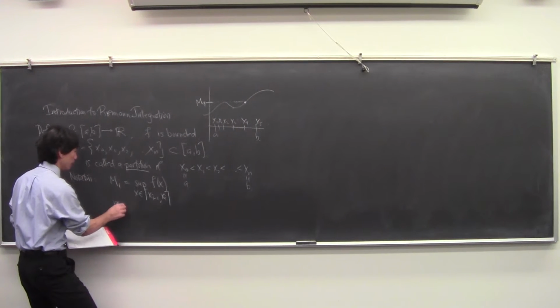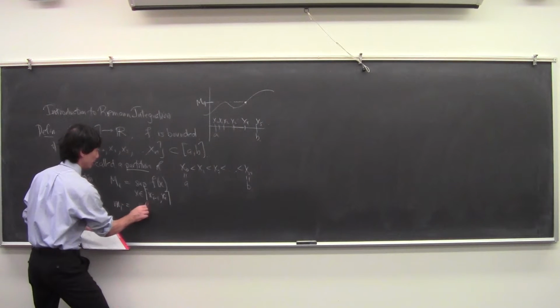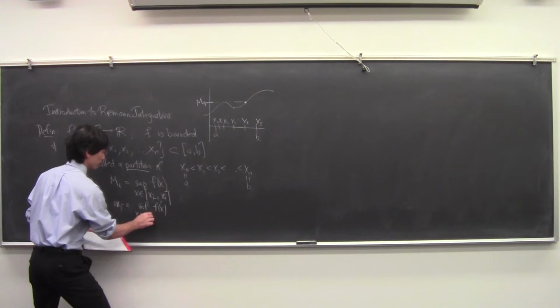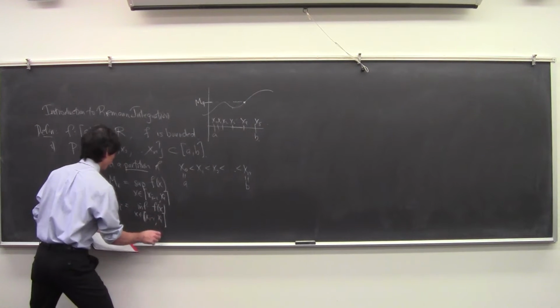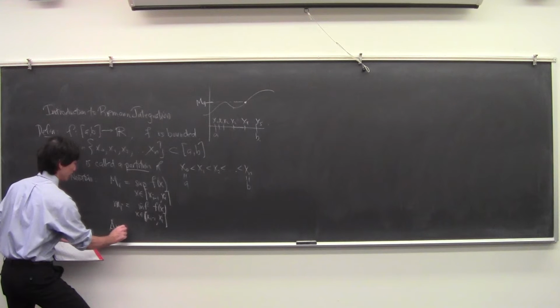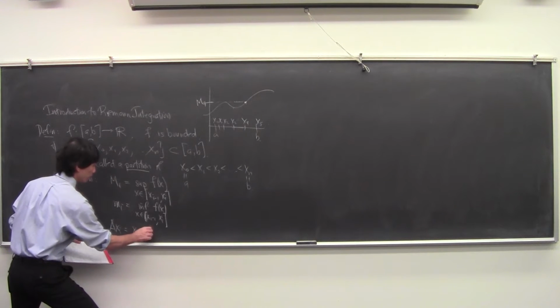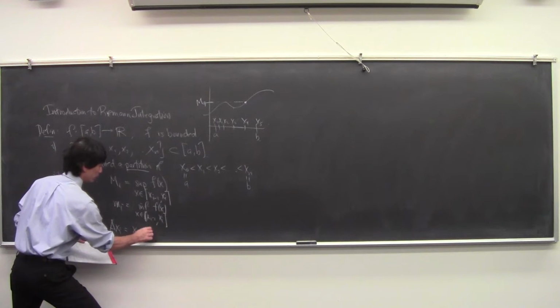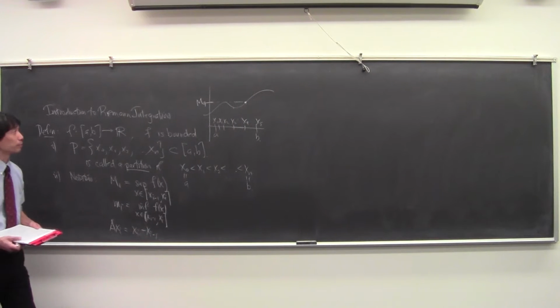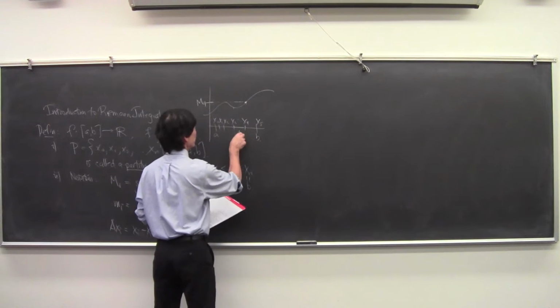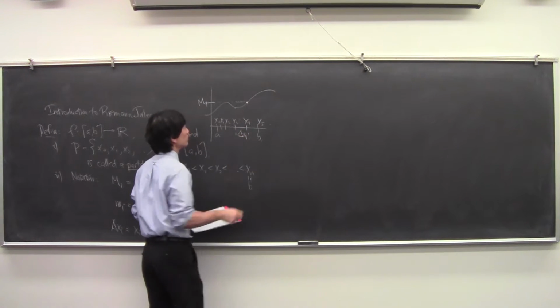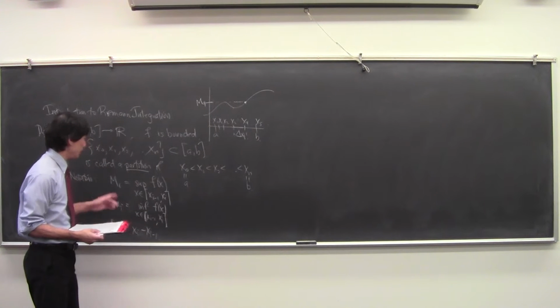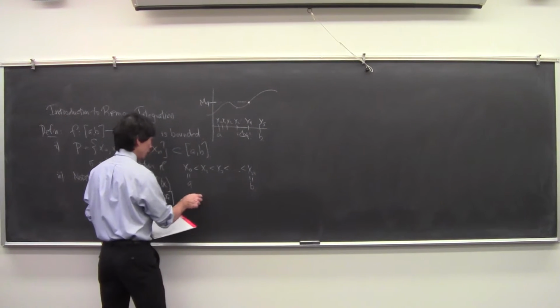We let little m sub i be the infimum over the same interval. And we let delta x sub i be the width of that interval. So this is delta x4 right here.